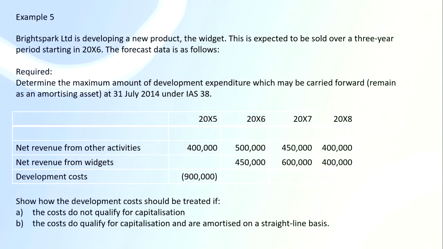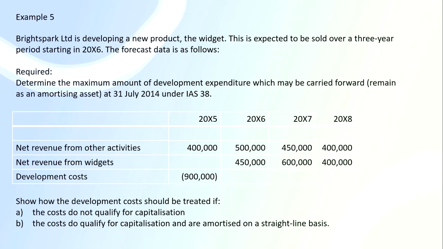So the next question is that Bright Spark Limited is developing a new product, the widget. This is expected to be sold over 3 years. The period started in 2006. The forecast data is as follows. Required: determine the maximum amount of development expenditure which may be carried forward or remain as an amortized asset at 31st July 2014 under International Accounting Standard 38.